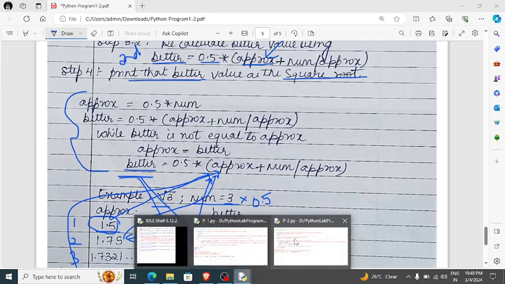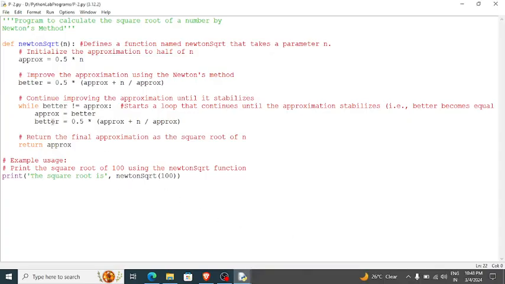And even if you see the program, it is very easy. First you give a function that has been defined, and then you tell it that approx is equal to 0.5 times n, and then you give the introduction to the formula. You're basically defining what approx is, what better is, and then you enter a loop using the while statement.